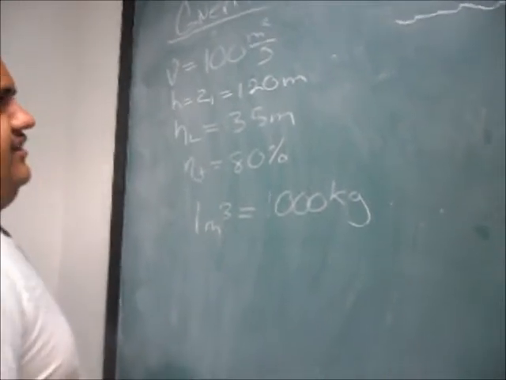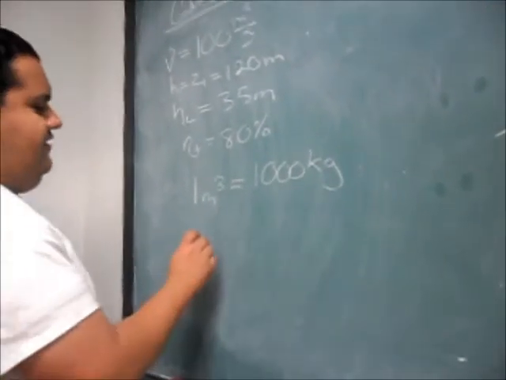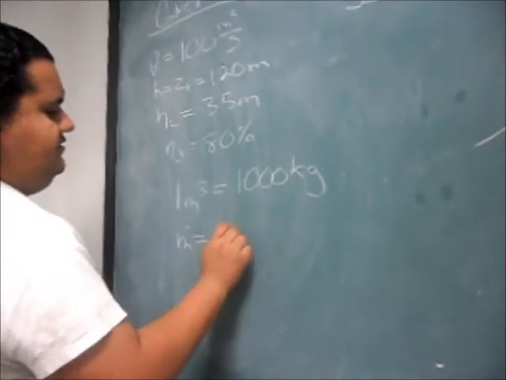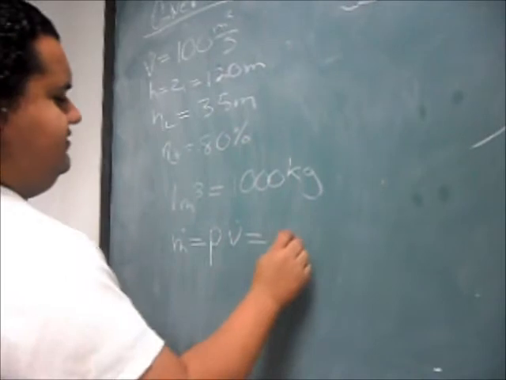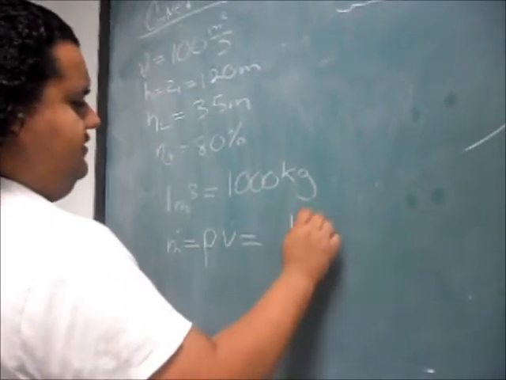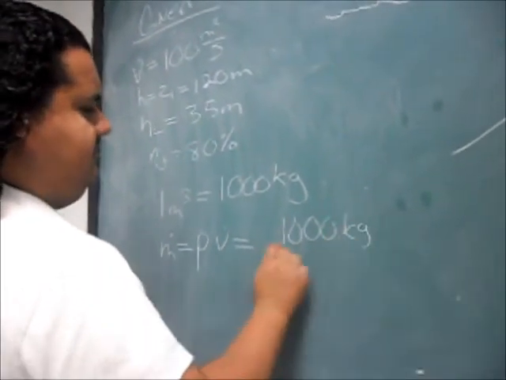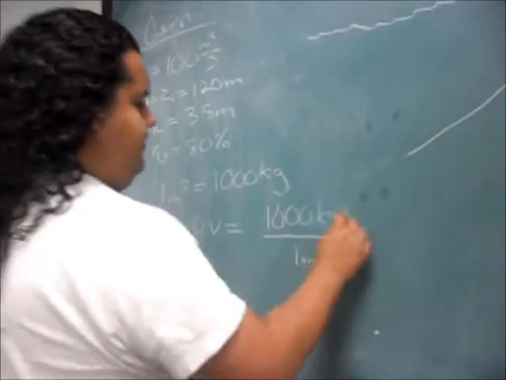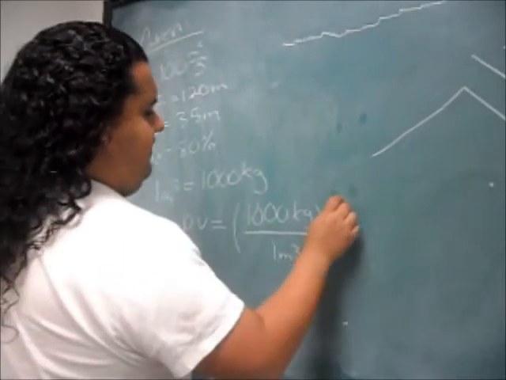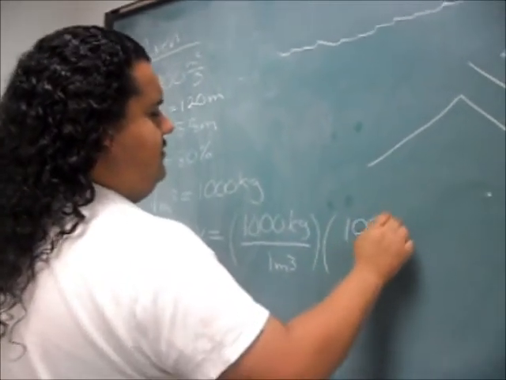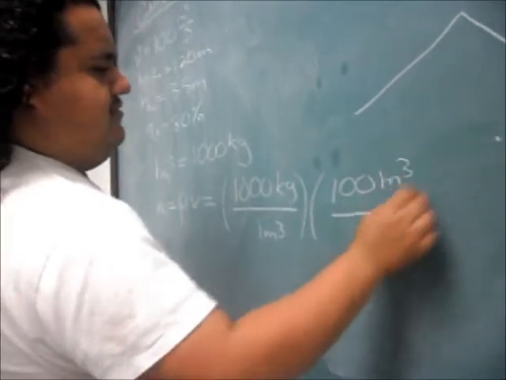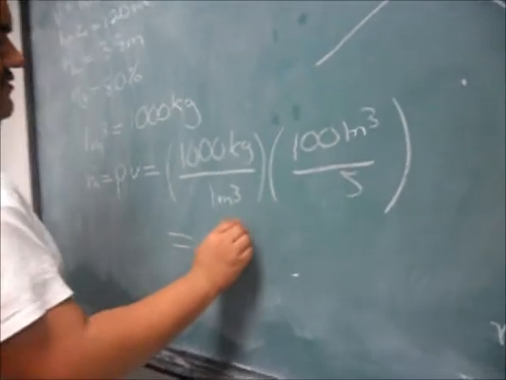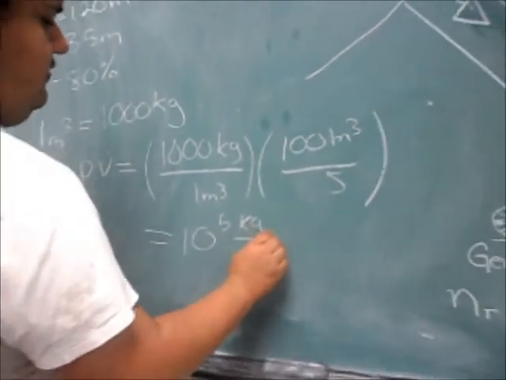In order to find mass flow rate, we have the equation density times volumetric flow rate, which equals 1,000 kilograms per 1 meter cubed, which is the density of water, times the volumetric flow rate that we have, which is 100 meters cubed per second, which gives us 10 to the 5 kilograms per second.